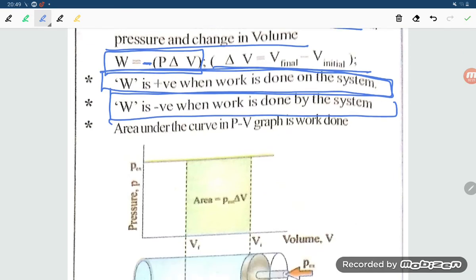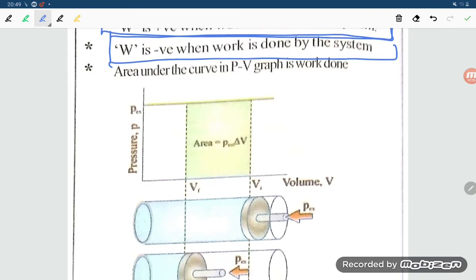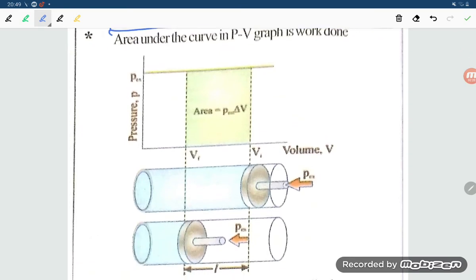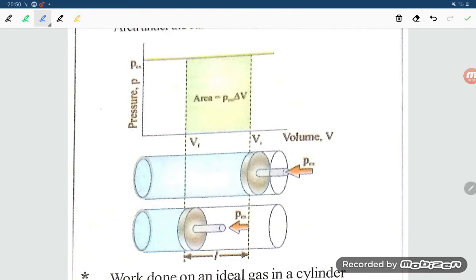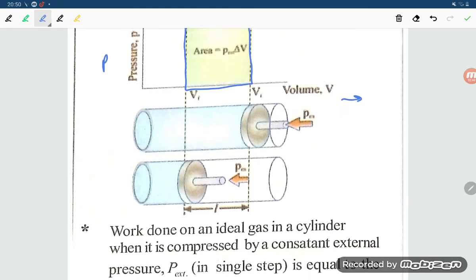Now, the area under the curve of the PV graph, you can see, student. Here the graph is given, with pressure on one axis and volume on the other. The area is P external delta V. What is the meaning, student? Firstly, the external pressure is applied, and then finally the gas is compressed from the initial volume Vi to Vf.